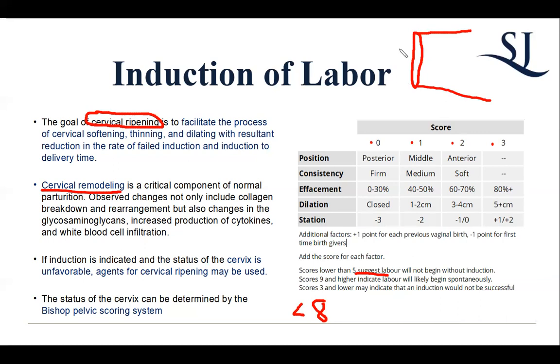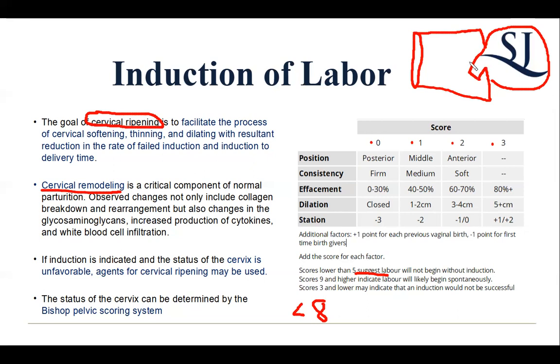This is the opening of the vagina here. And then what you have is the cervix. So this is the cervical uterine junction, and this here is the uterus. That's our baby.